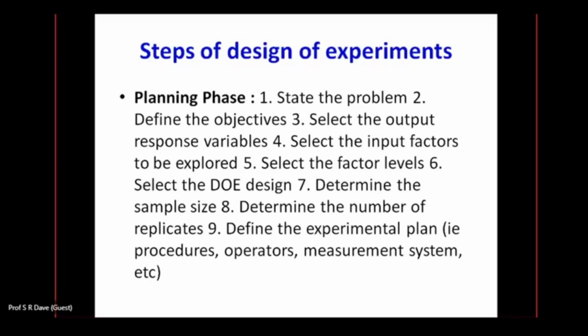Or if you already have in mind the type of design you want, then you have to find out what factors are suitable to design the experiment you have thought of. Then determine the sample size, how many samples are required, determine the number of replications, and the experimental plan.